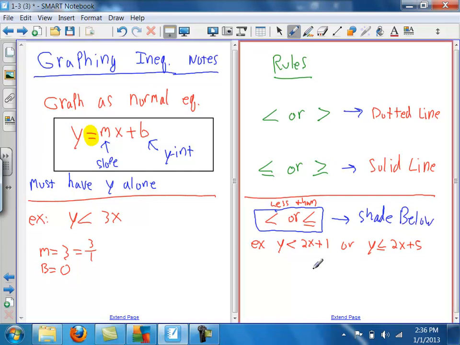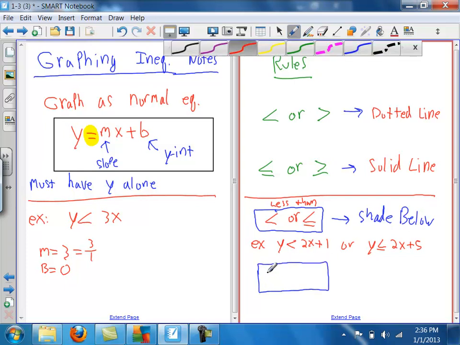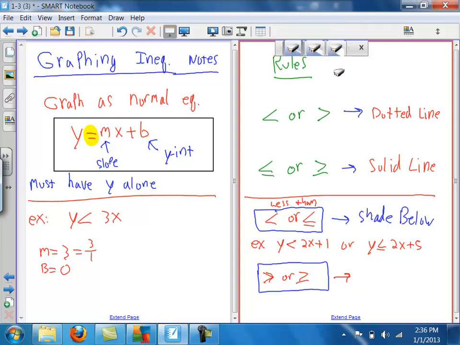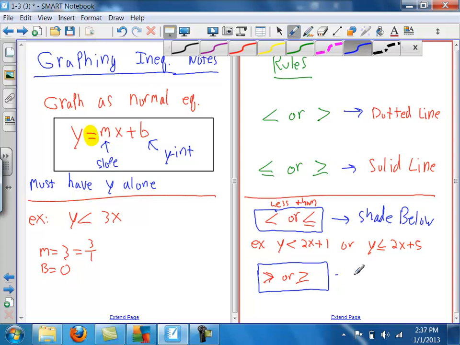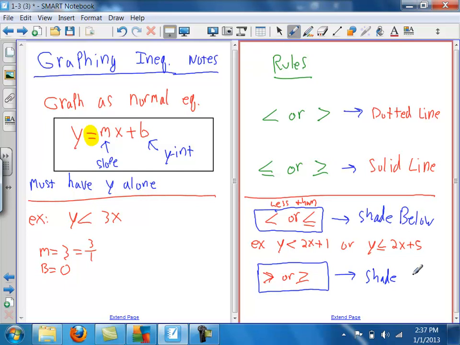And when you see these two symbols here, which are going to be, what do you think? By process of elimination, greater than or equal to. And that means you shade above, because everything greater than that would be above it. So shade above. That means it's trying to eat the y. It's greater than.